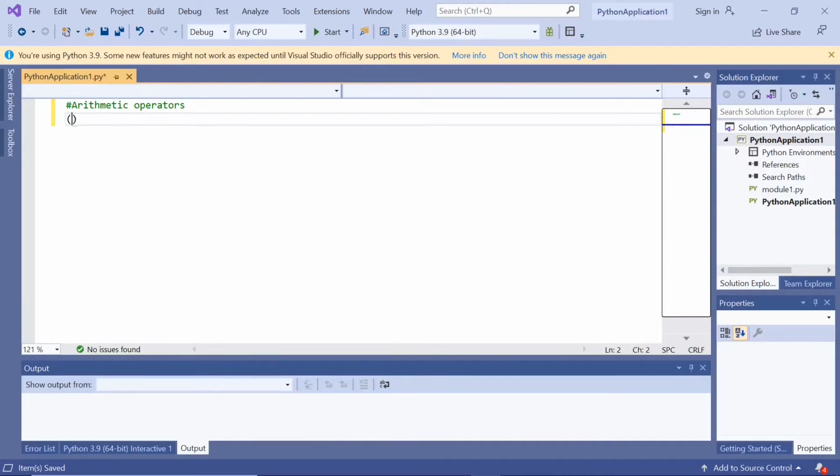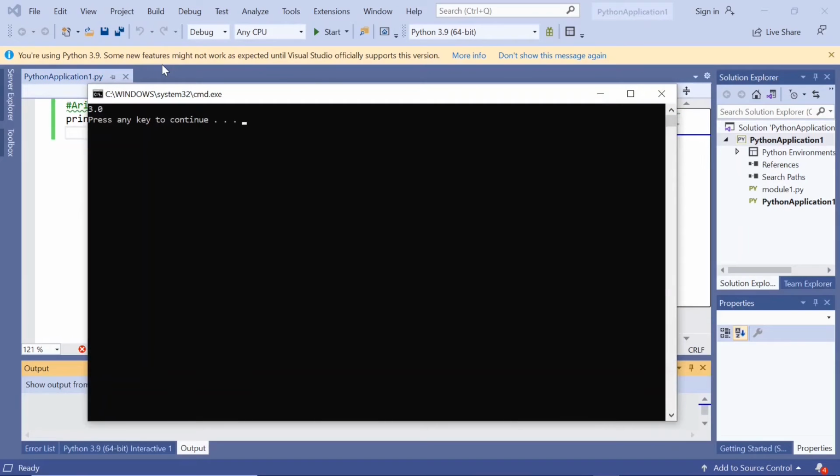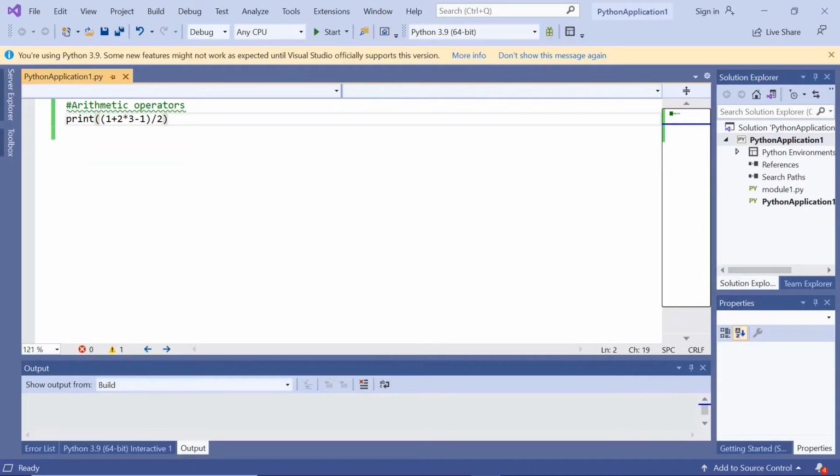Let us take an example: 1 plus 2, and 1 divided by 2, and print the result. Save it and start with debug. So the answer is 3.